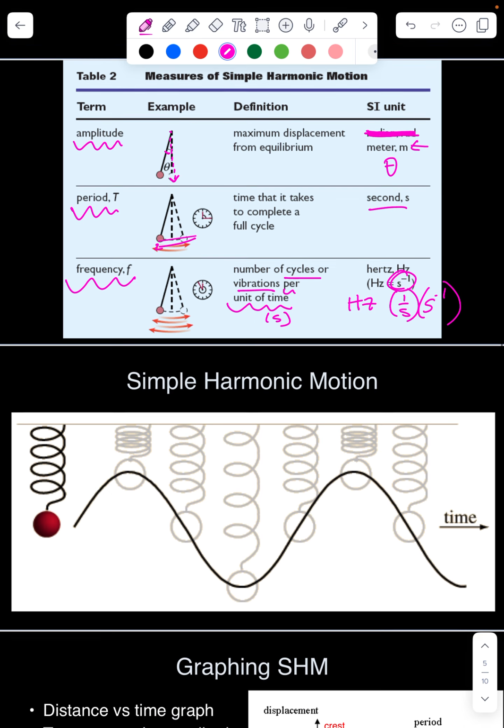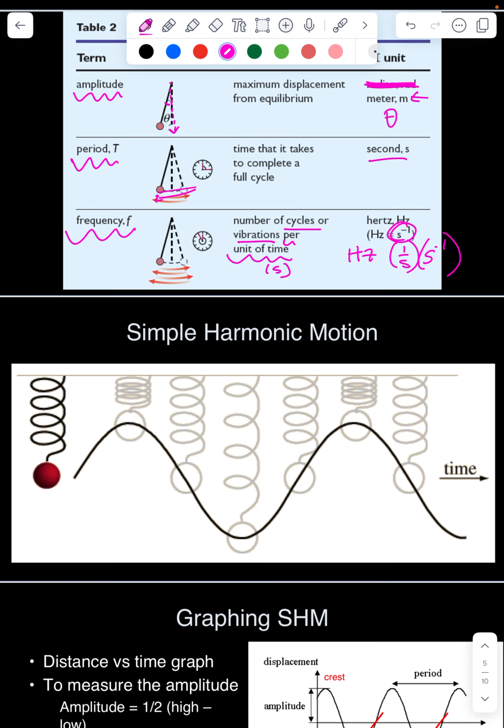Now, this is a really cool thing. This is what's going to lead us into the second part of this unit. All right, if we were to graph on a distance versus time graph the motion of either a pendulum or a mass on a spring system, you would see that it would create this shape.